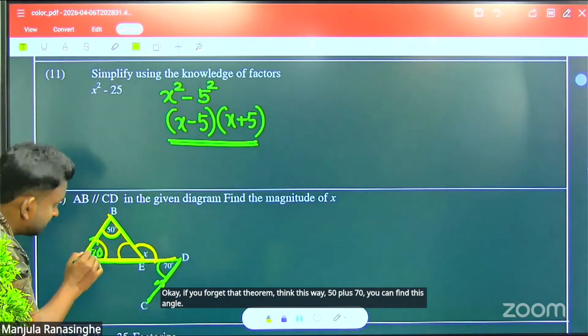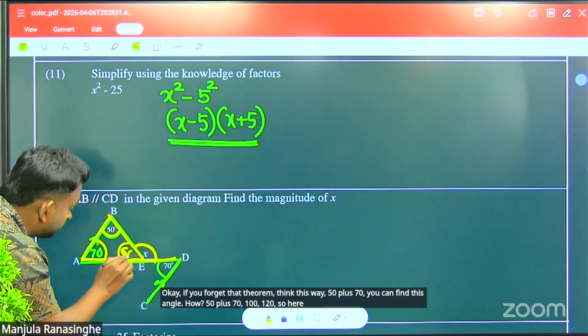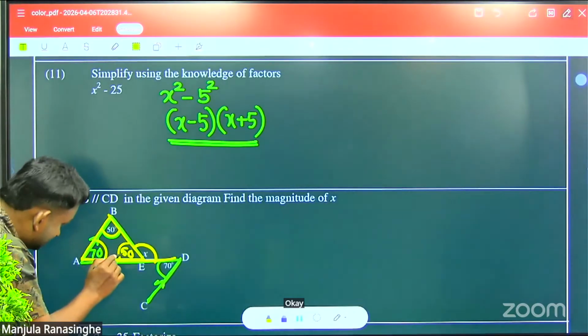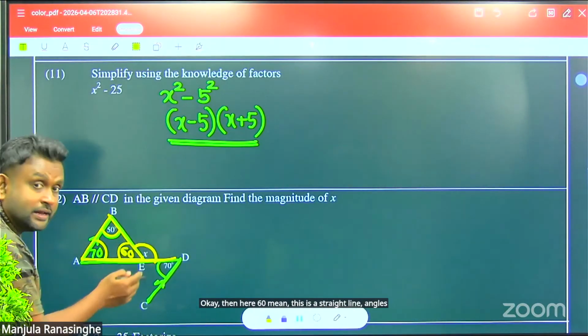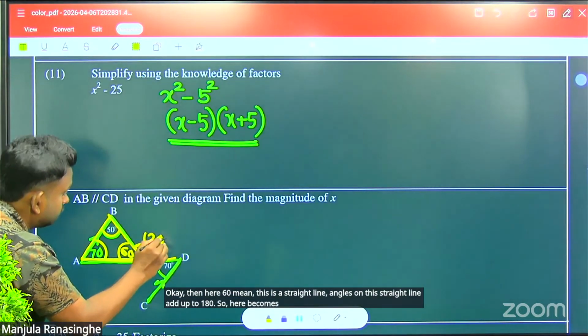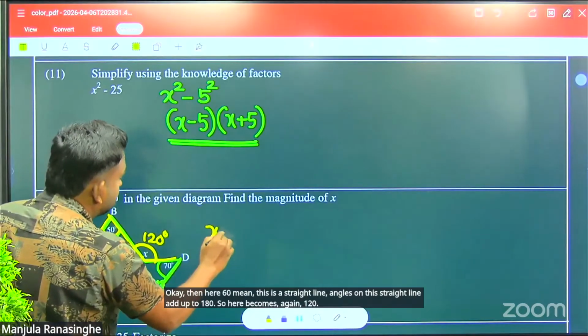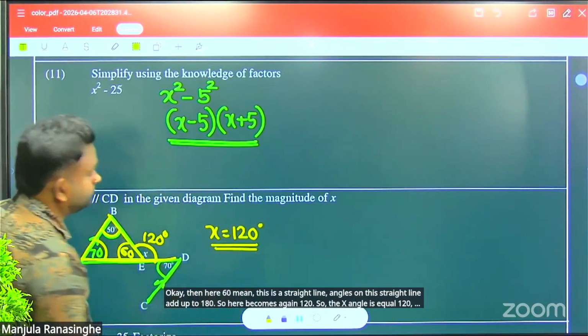How? 50 plus 70 is 120. So here 60 there. Then this is a straight line. Angles on this straight line add up to 180. So here becomes again 120. So the x angle is equal to 120. So that is the answer.